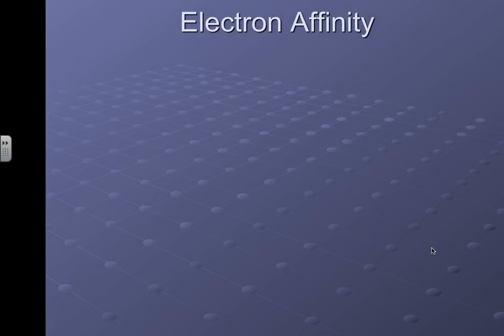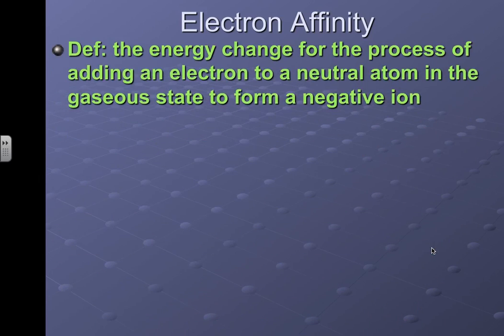All right. The final trend that we're going to talk about is electron affinity. It's important that you understand the definition of electron affinity. Between ionization energy and electron affinity, you're going to see that they have the same general trend, but that's because their definitions are actually opposite. Ionization energy, remember, is the energy needed to remove an electron, whereas electron affinity is the energy for adding an electron.